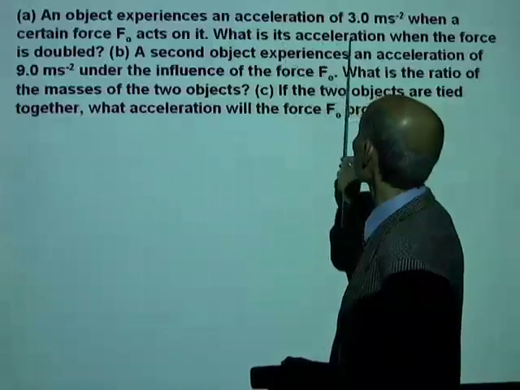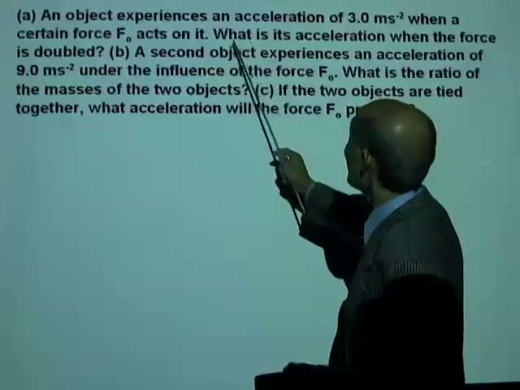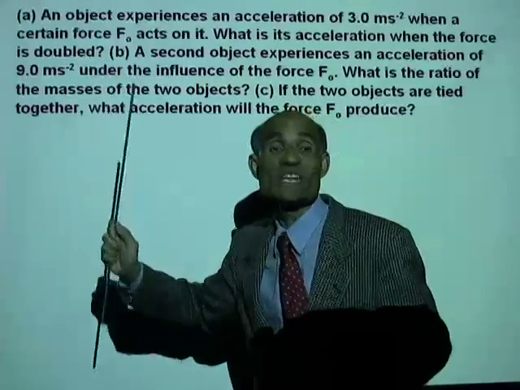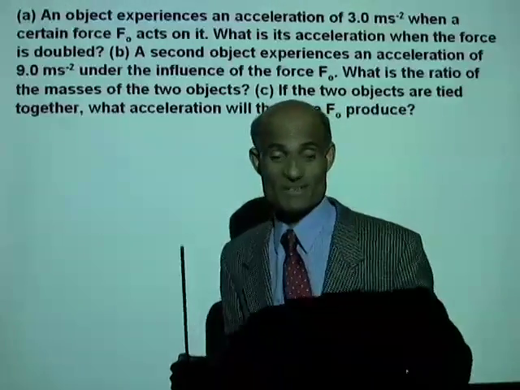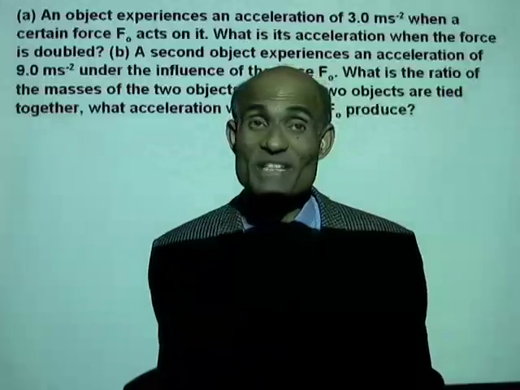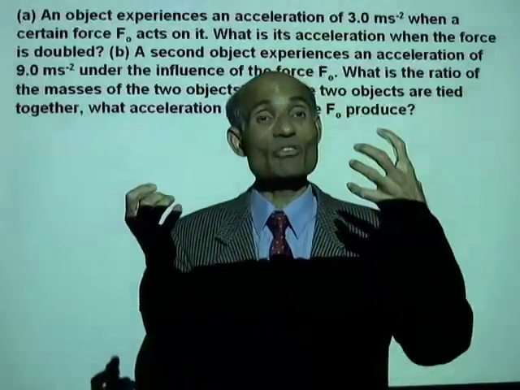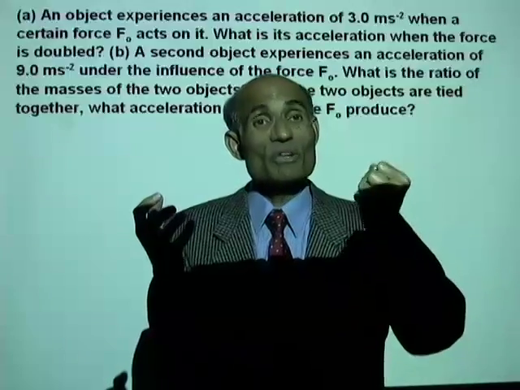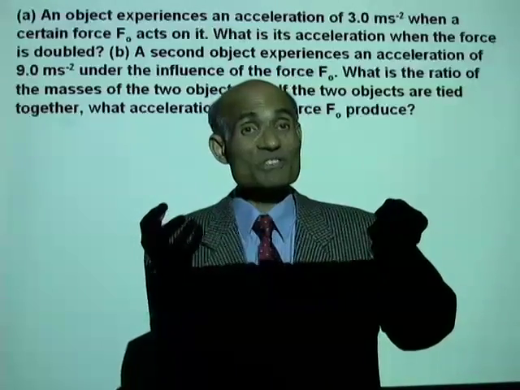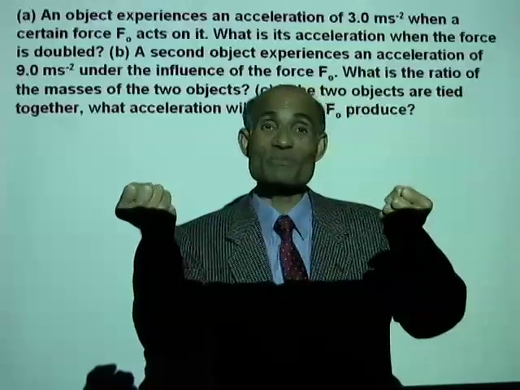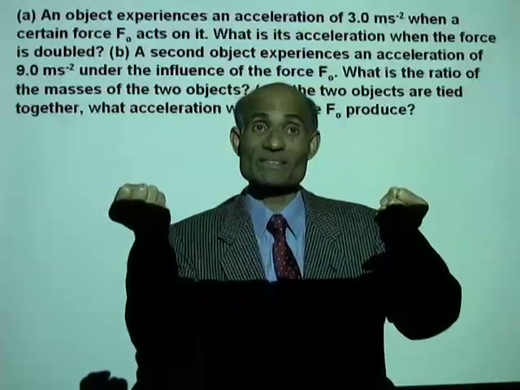When the force is doubled, what is its acceleration? Well, if you know the second law, you can say that directly, because the force that produces the acceleration is directly proportional to the acceleration. Is that right?